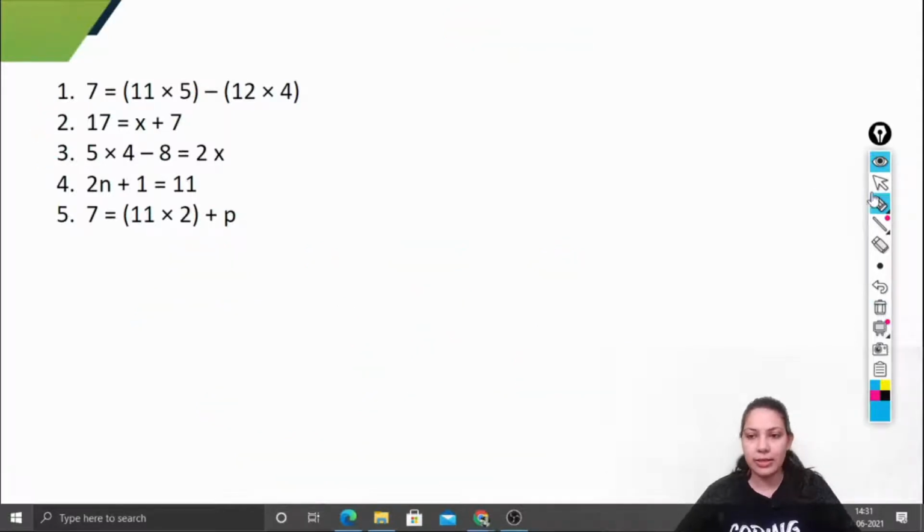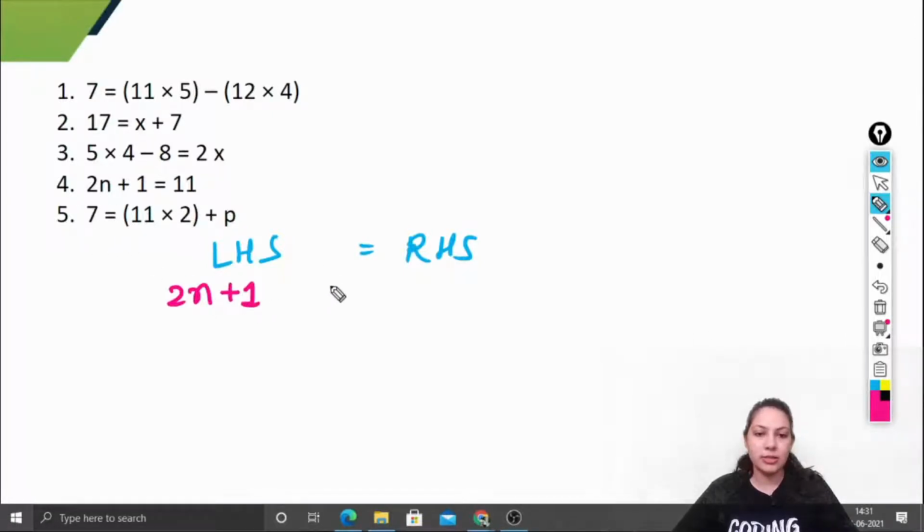Let us erase, let us move to the other part. Again, let me write here LHS, RHS. 2n plus 1 is given as 11. Now first, I will shift this 1, which is independent of the variable.